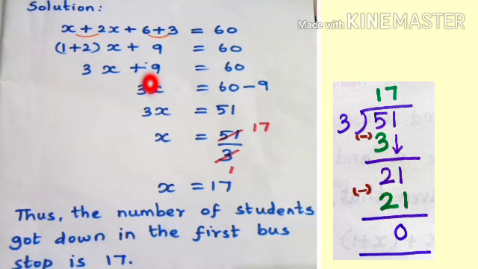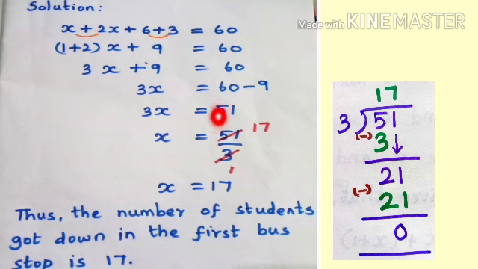So here plus 9 becomes minus 9, and here 3 into x, here 3 becomes 1 by 3 on the other side of the equal to sign. So 3x plus 9 equal to 60 becomes 3x. When plus 9 crosses the equal to sign, it becomes minus 9. So 60 minus 9 is 51. So 3x is equal to 51.